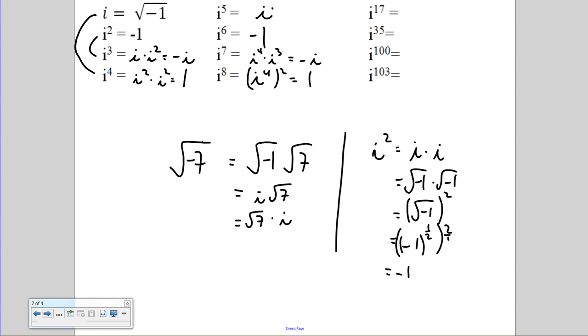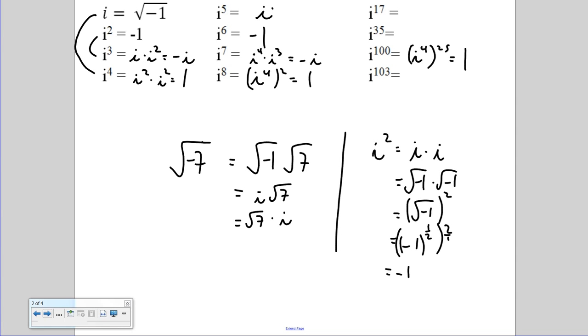In fact, every 4 exponents are going to repeat. So if I had, for example, i to the 100th power, I know that i to the 100th power is the same thing as i to the 4th 25 times, which is the same thing as 1.